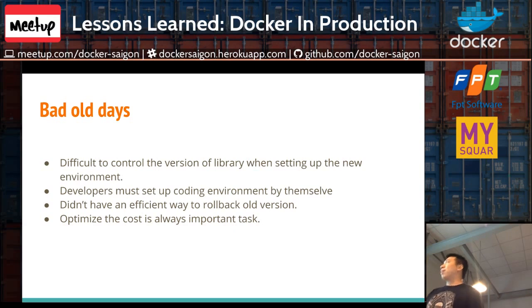The third reason, the DevOps team didn't have an efficient way to roll back the version. Maybe when we deploy an application on production and we get some error, how can we roll back the version? Maybe we already had a way, but it was not efficient, and I think we needed to find a better way to do that.